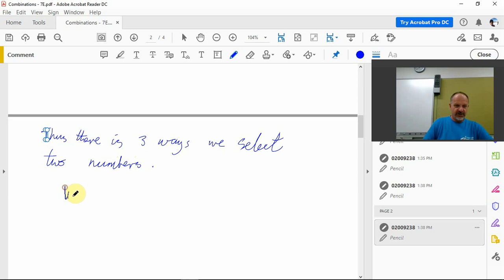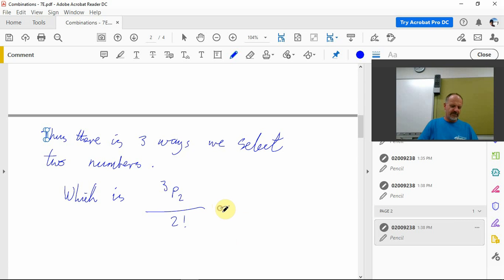Which is, if we think about 3P2 permutations, and then divide by 2 factorial, because we can arrange each of those pairs in 2 factorial ways.